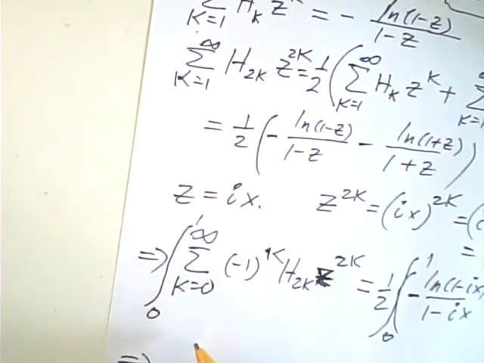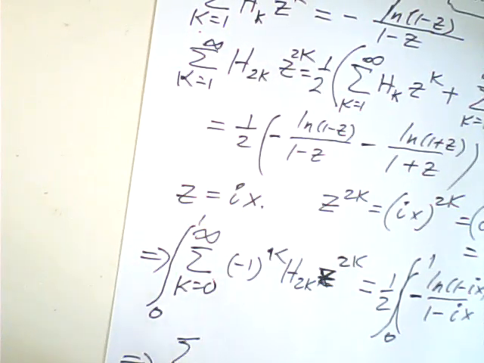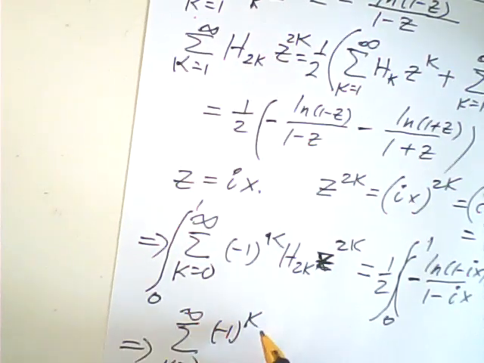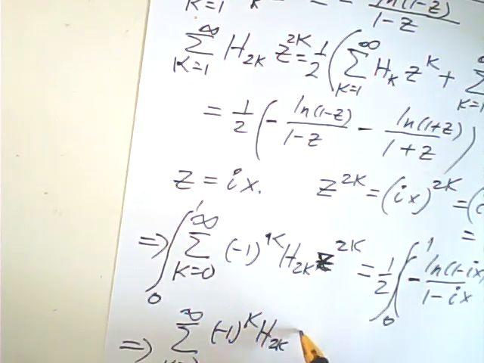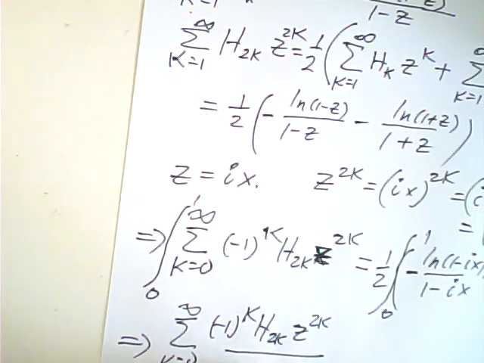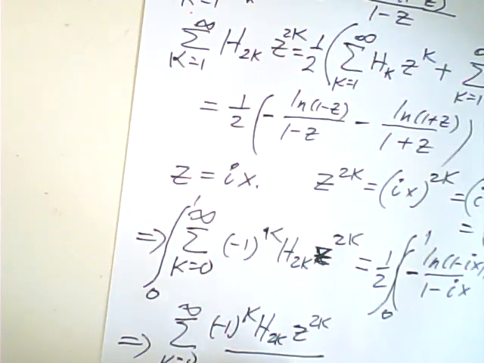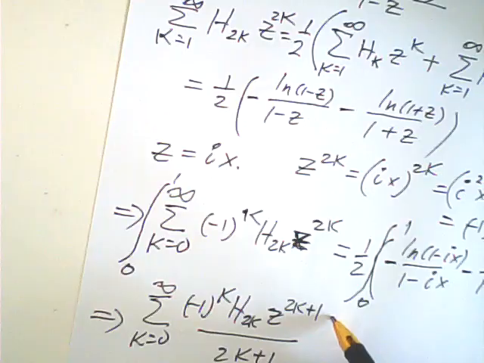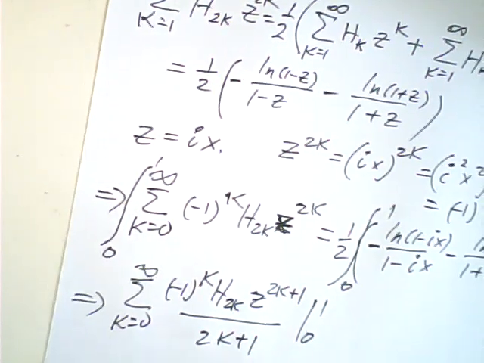So this becomes the sum of negative 1 to the k, H_2k, x to the 2k, over 2k plus 1, right? From 0 to 1.